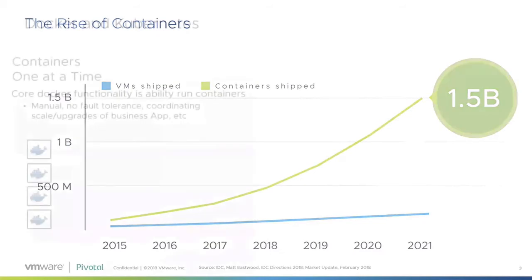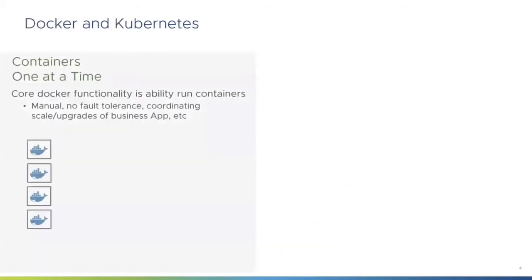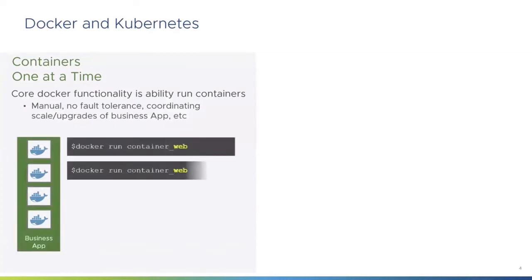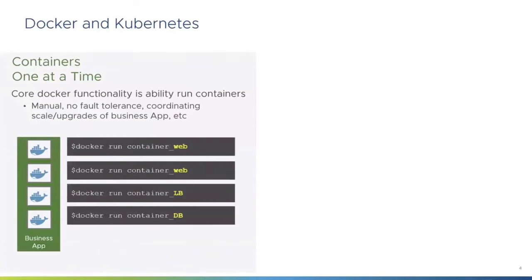Now, the interesting thing that I want to highlight here is that if you tell me you want containers, you understand the value. Containers, and specifically kind of the core Docker functionality that exists in Linux and Windows today, is that the Docker functionality is really about running one individual container. Now, business applications are usually a series of containers, and sometimes you have to orchestrate across those containers.